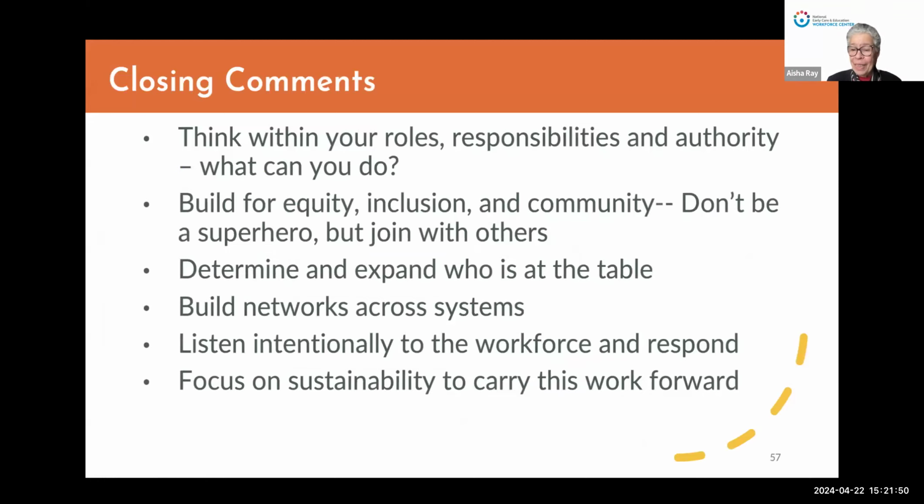It takes a village, and we're the village or the herd or whatever metaphor you want for us. It takes all of us working together to get this done. We need to build broad consensus. One of the points BB made was they really built a big coalition, and that is very important. Determine and expand who is at the table, build networks across systems, listen intensely to the workforce and respond to them, and focus on sustainability to carry the work.